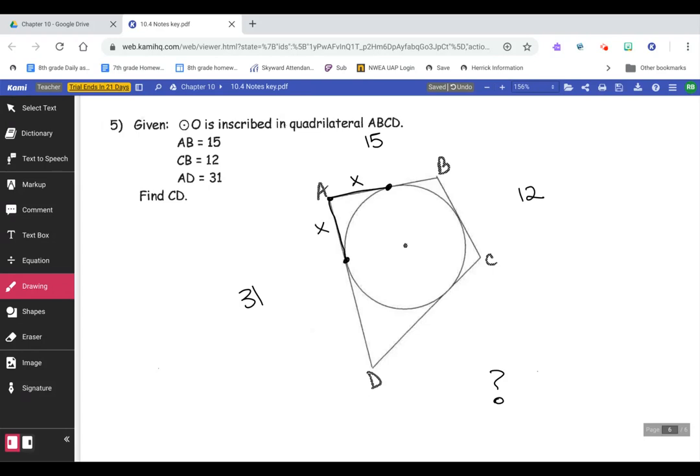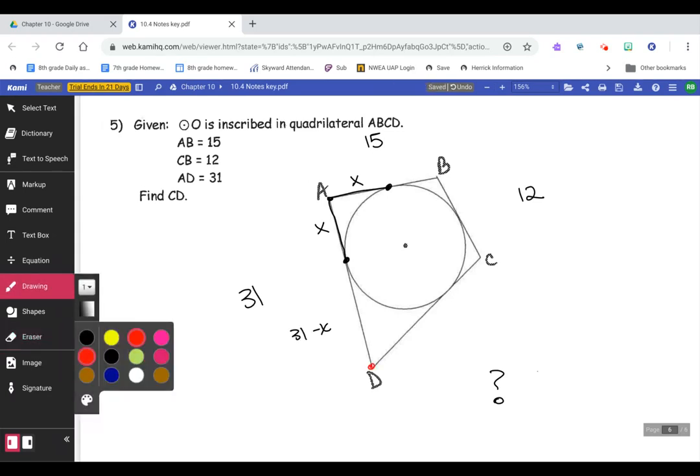That would also be X. So now let's make this 31 minus X. And that's from here to here, which would mean from here to here is also 31 minus X, even though I don't know what C to D is. These two, I'll write in the same color.